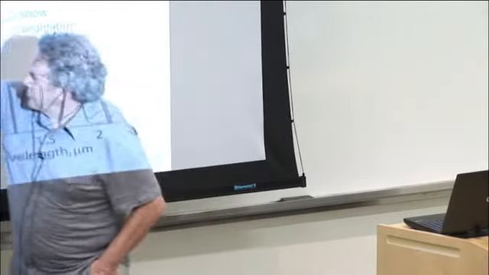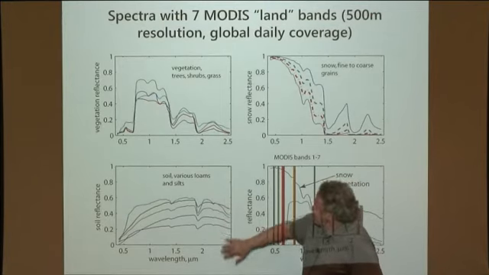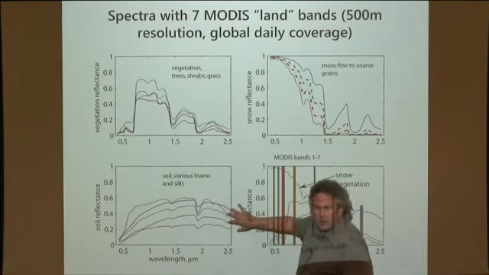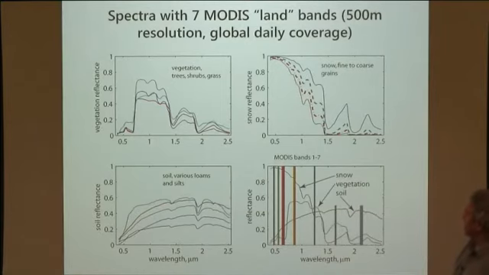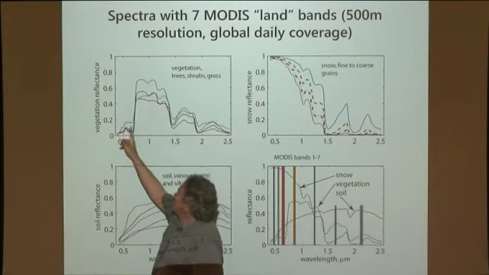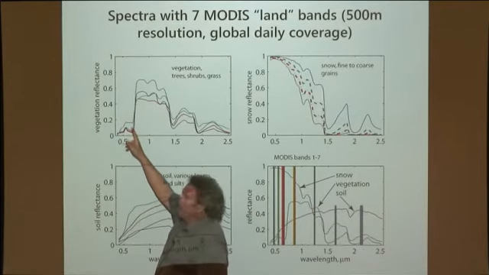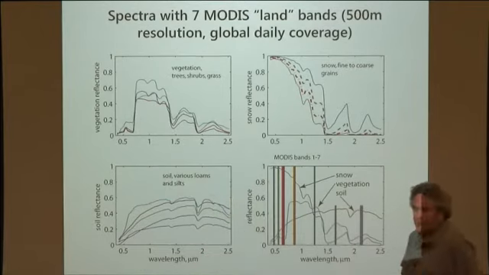Okay. That's why, if you look at different reflectances of soil, they all sort of have the same shape, but some of them are darker and some of them are lighter. Vegetation has this typical reflectance of being pretty dark in the visible and then rising very steeply as you go into the near infrared part of the spectrum.